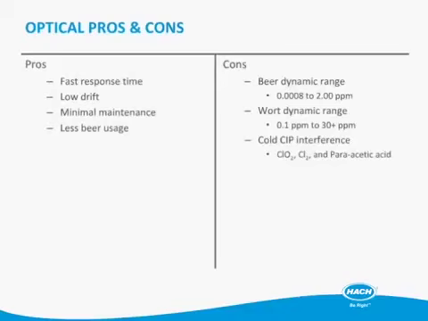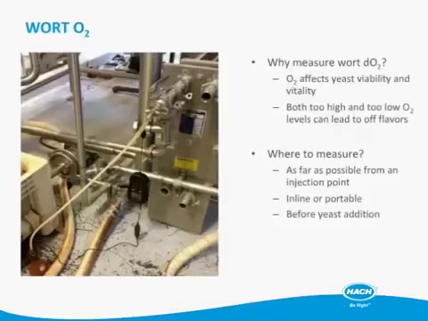Okay, let's shift gears now, and let's talk about wort O2 measurements. So why measure wort O2? Really, it comes down to yeast health. If you give yeast too little O2, they don't have enough oxygen to reproduce initially, and it will stall your fermentation. If you give yeast too much oxygen, you'll end up with too hot a fermentation.